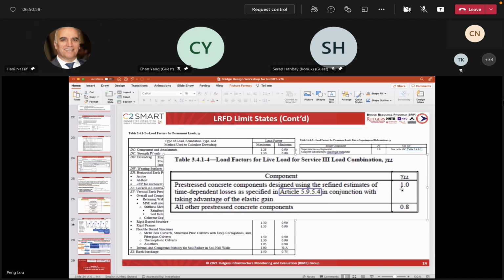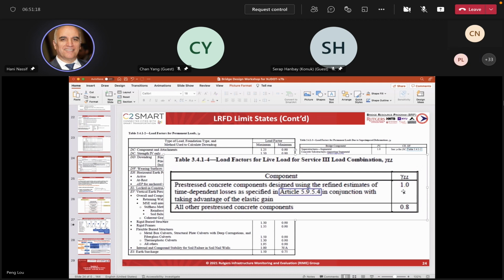Yeah, I think this is the equation you were talking about, right? Right. If you use the refined estimate of the time-dependent losses, you could use 1.0 for Service III, while for other cases you could use 0.8. Yeah, if you take advantage of the elastic gain. Elastic gain, yeah.